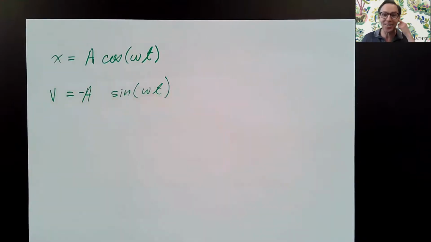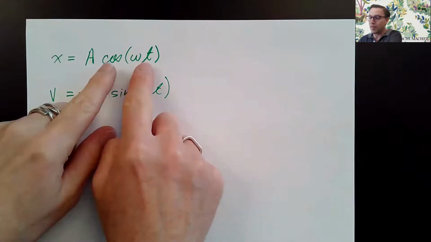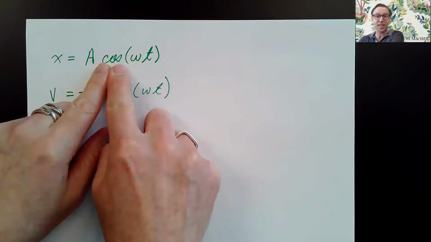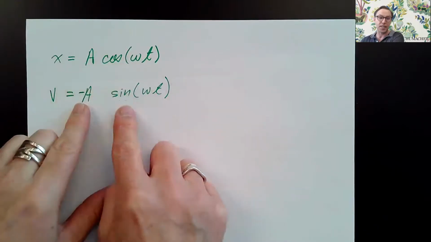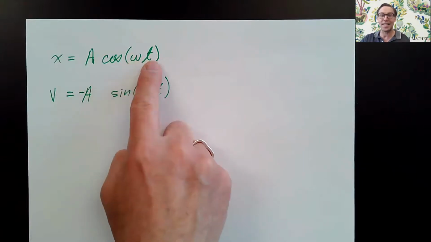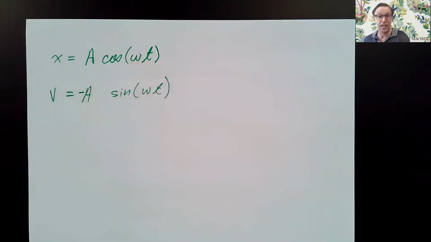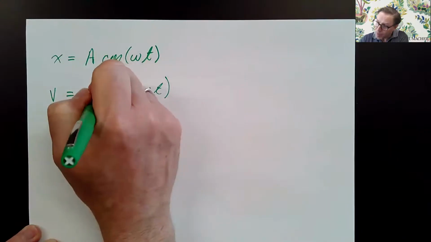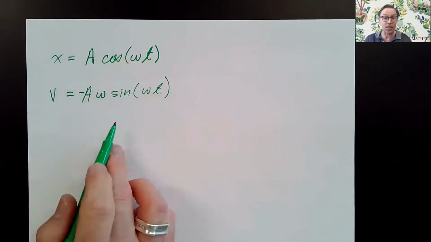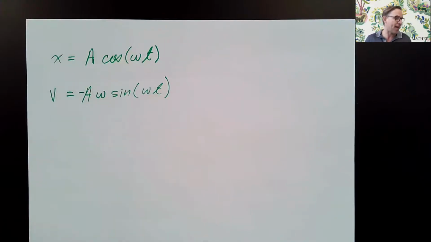And don't worry, I know the chain rule. Some of you are like, wait, don't forget the chain rule. So the derivative of a function within a function is the derivative of the outside, which we already did, times the derivative of the inside. The derivative of omega t with respect to t is omega. So I have to multiply by omega. And so this equation is in your textbook, and that's where it came from.